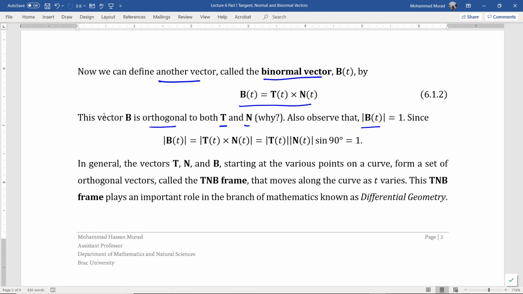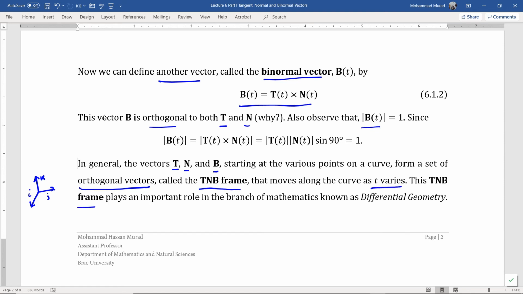In general, the vectors T, N, and B, starting at various points on a curve, form a set of orthogonal vectors, like the standard basis vectors i, j, and k, called the TNB frame, that moves along the curve as t varies.